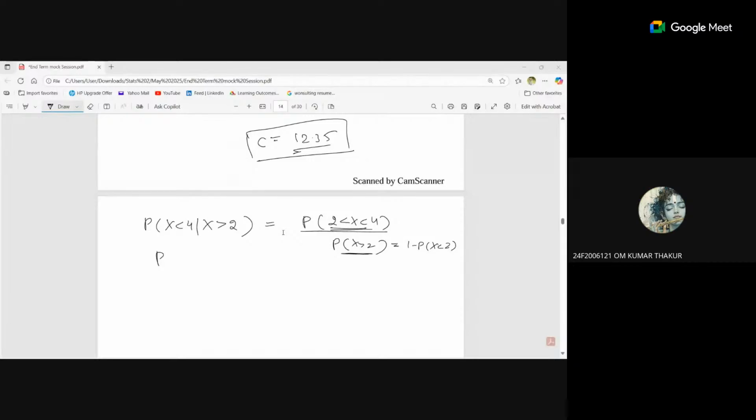I was getting a problem, ma'am, calculating it. How are you calculating? I was continuing with the normal, like 7.75 minus 7.5 by sigma square by n. This one.